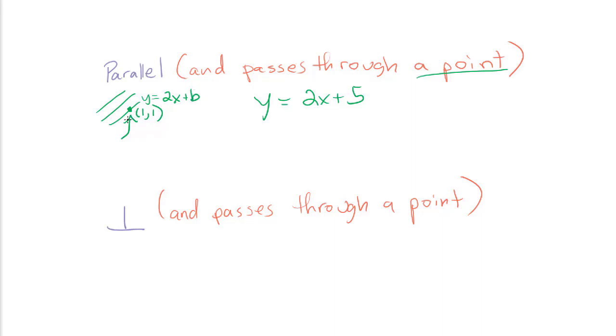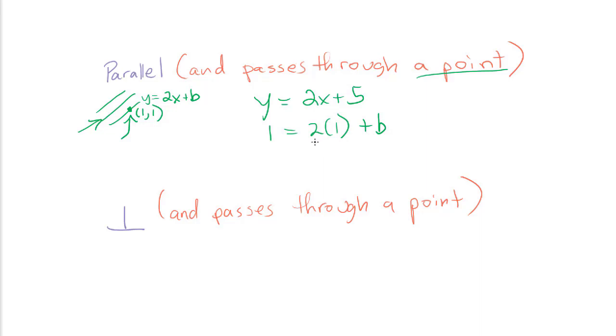We don't know what the intercept is, because y equals 2x plus 5 might be the line there. We're going to have a different y-intercept. So I'm going to use the point to help solve for b in this case. So I'll plug in 1 for y and 1 for x. 1 equals 2 times 1 plus, again, we know our intercept is not 5, it's b, and that's what we have to find to get the equation for the line that passes through the particular point.